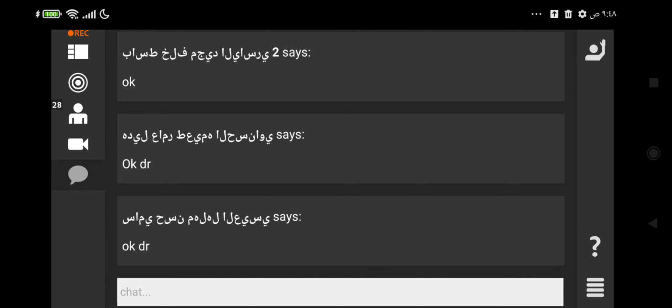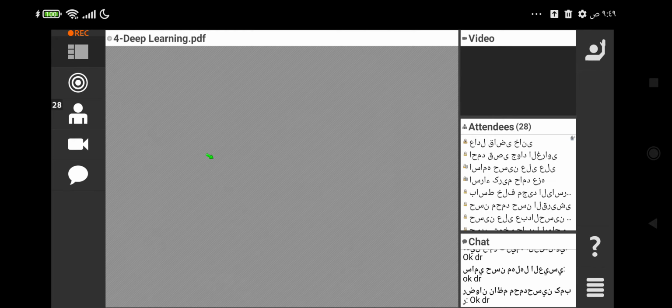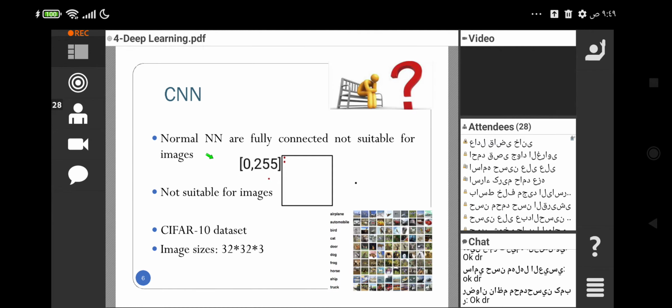Between these two values, 1, 2, 3 to 254, they are called gray values. Let me show you something so you could better understand this.